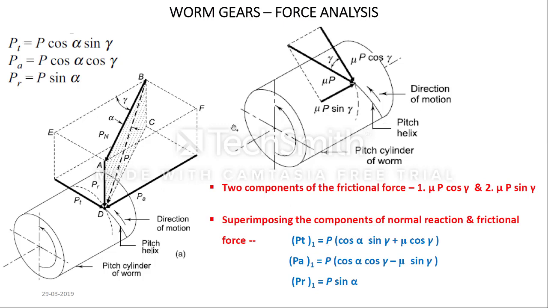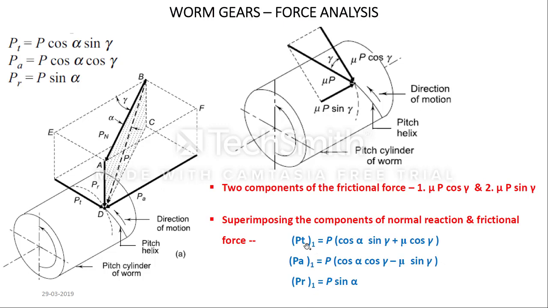In a similar way, for PA there will again be a superimposition, but you can see the PA direction and mu P sin gamma direction are opposite, so the sign is minus, and in a similar way PR1 is P sin alpha. So these are the three components, and the other three components are equal and opposite. The magnitude will be equal, but the directions are different, as we have already seen.